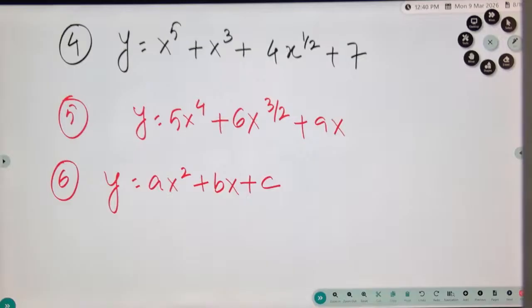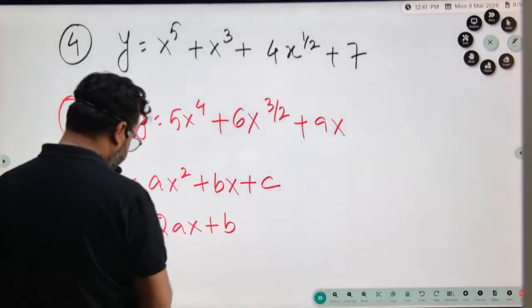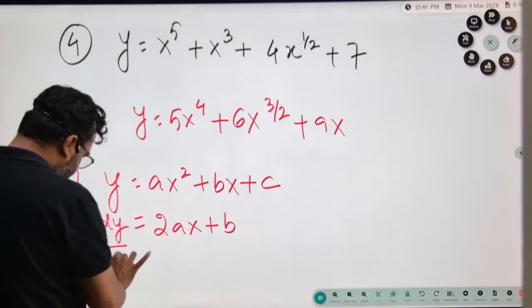Okay. 2ax plus b. Yes, 2ax plus b. Any doubt?